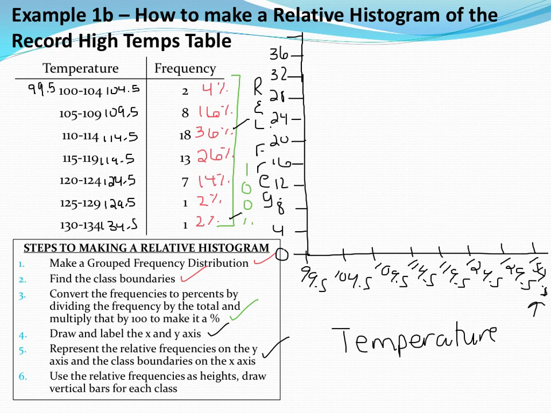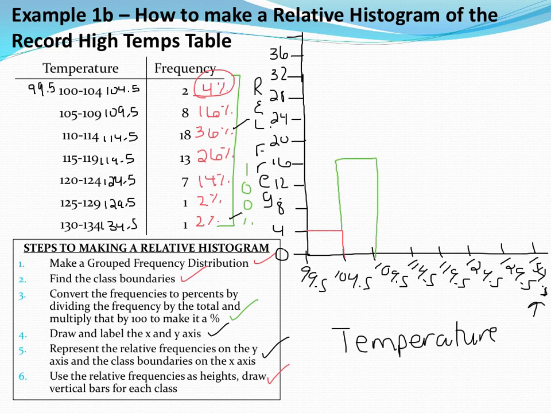So now we're going to use the relative frequency as our heights, and we're going to draw vertical bars for each class. Remember, these need to be touching. So for my first class, it's 4%, so that's going to be my first bar. And then my next class is 16%, so I'm going to go up to 16.